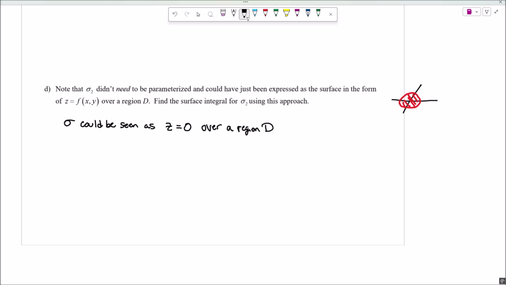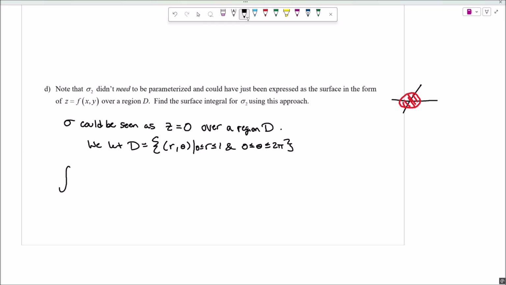But that circular region is actually super easy to define. So we let D be equal to, and I'm going to define this in terms of polar coordinates because that's so simple, r going from 0 to 1, and theta going from 0 to pi over 2.